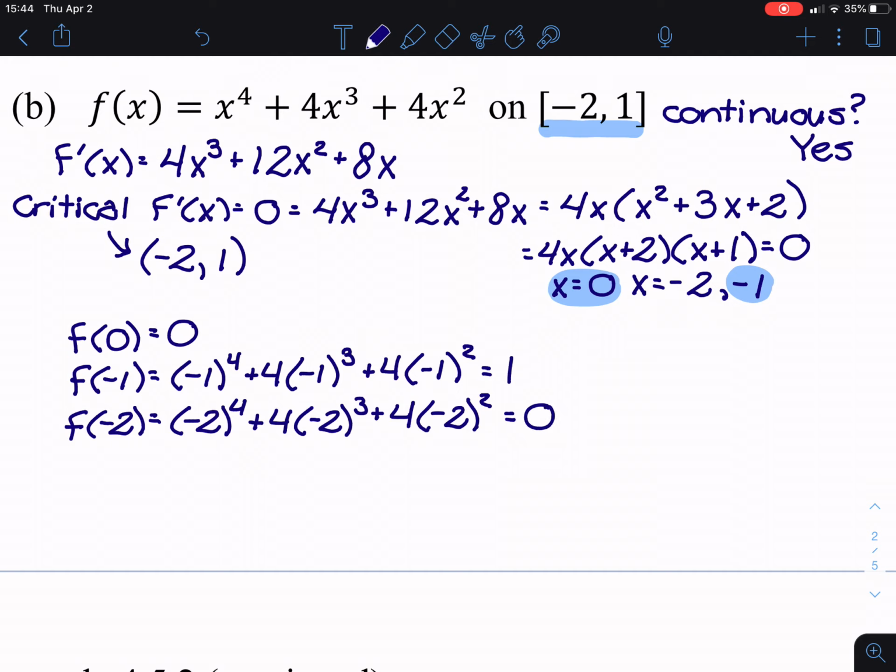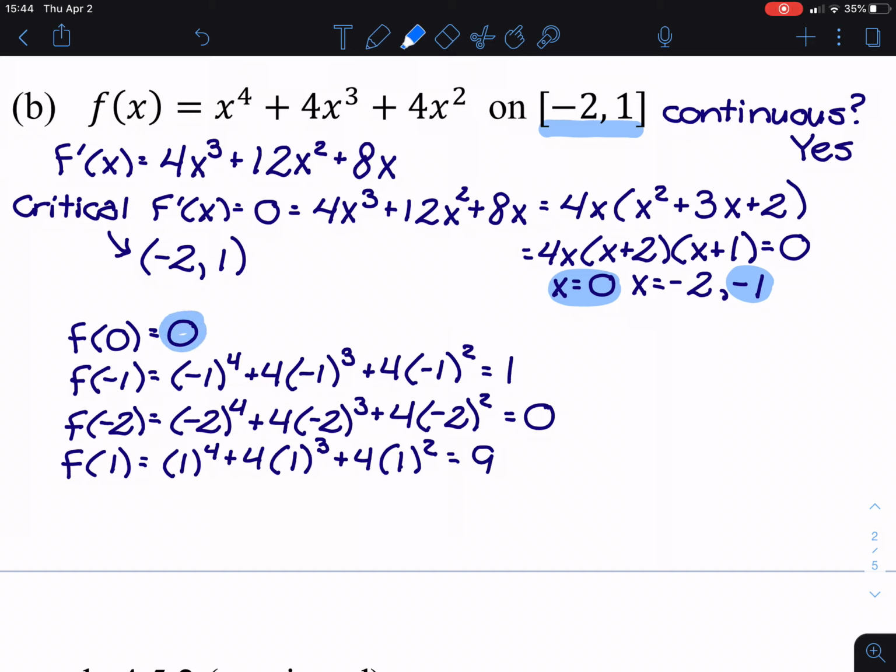Okay. And then finally, I'm going to evaluate it at 1, which is my other endpoint. So that's going to be 1 to the fourth power plus 4 times 1 to the third power plus 4 times 1 squared. So I'm going to have 1 plus 4 is 5, plus another 4 is 9.